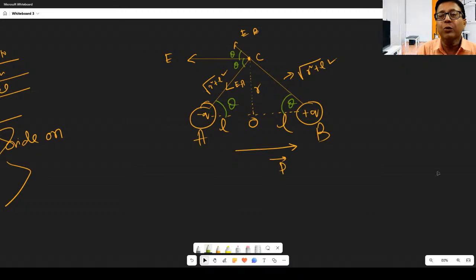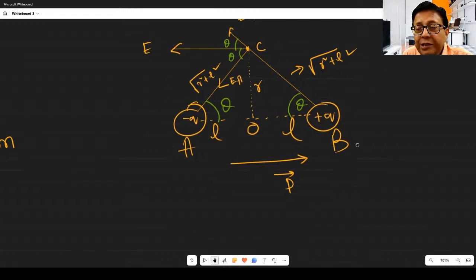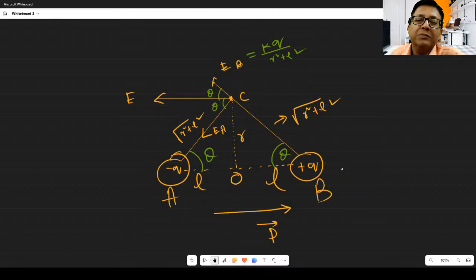That part I haven't told, I'll tell you now. How are they going to be equal? Just find EFS at C due to charge at B. What is that? It is KQ by, what is EA?